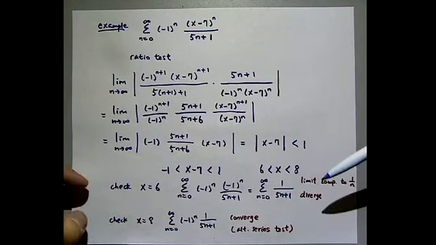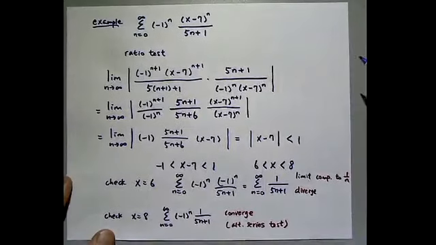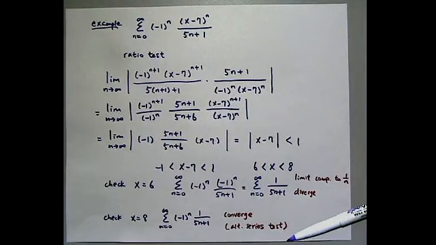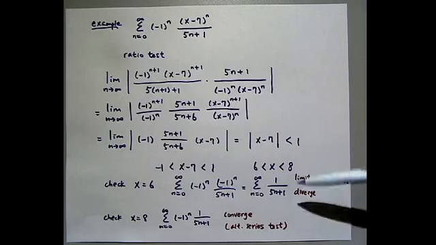And now we know more about the endpoints. We modify the interval. By the way, does the result of these two things change the radius of convergence? No. So you could have answered the radius question right here, right? Because that's not affected by these two. But then these two will affect the interval.